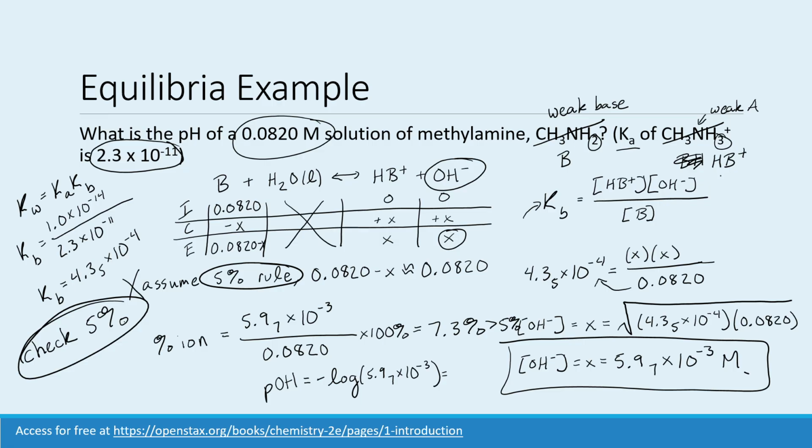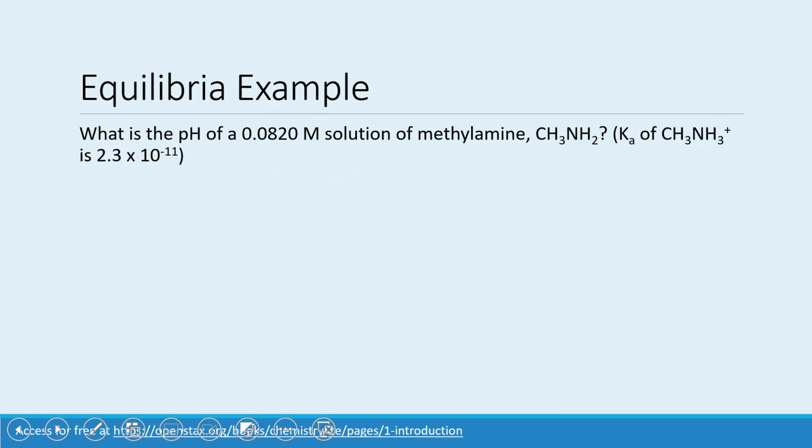Okay, two significant figures, and so we're going to want 2 digits out for this pOH, and we find that it is equal to 2.22.